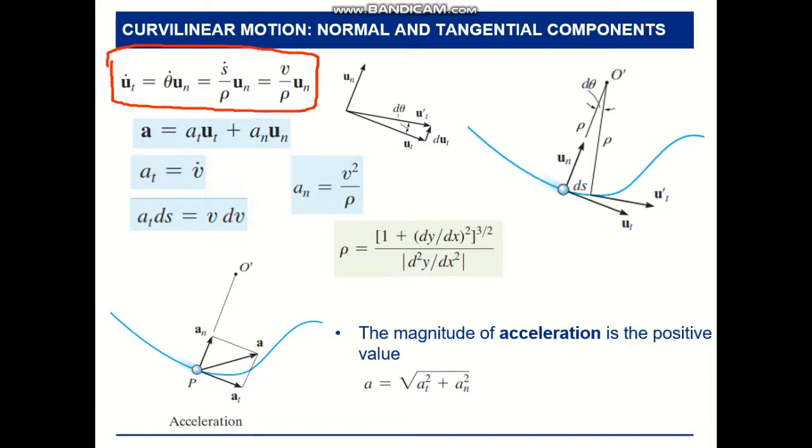Then acceleration is the tangential acceleration multiplied by the tangential unit vector plus the normal acceleration magnitude multiplied by the normal unit vector. And we need to define a_t as the first derivative of velocity, and a_n, the normal direction acceleration, is v square over rho, which is the radius of curvature.